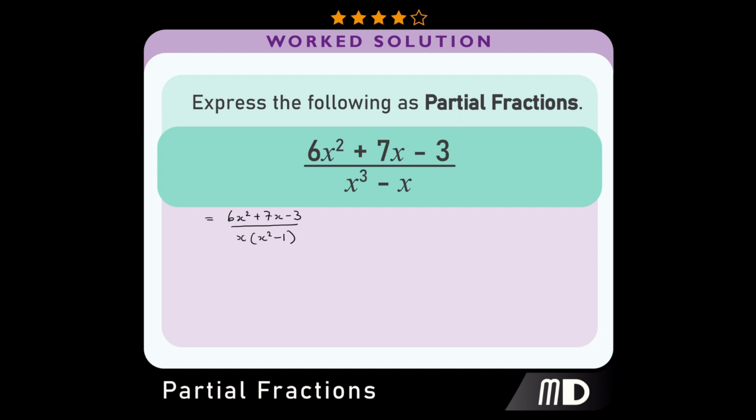So the first step there is to remove an x from our x cubed minus x expression. That leaves us with x multiplied by x squared minus 1. And now we can further factorize x squared minus 1 into two separate brackets.